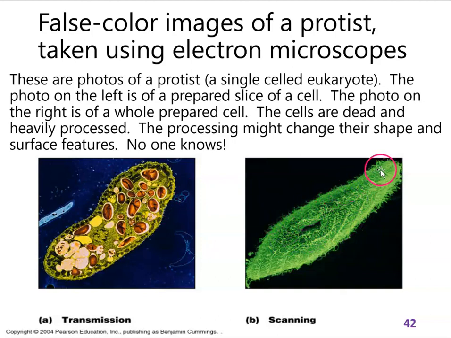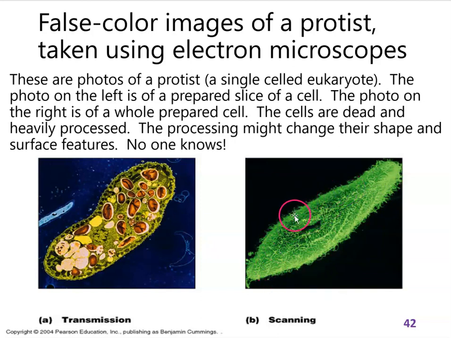It shows you the surface features, but you can't trust them because to take this picture, they had to remove all the water from this cell by soaking it in different solutions. Then they had to put it under a strong vacuum and coat the outside of it with a thin layer of metal. And that definitely changes the surface structures.